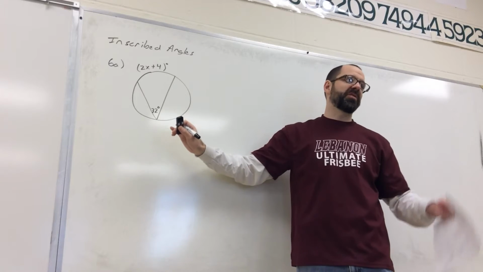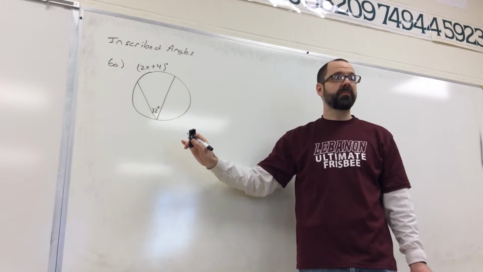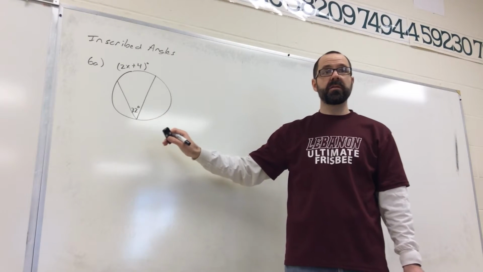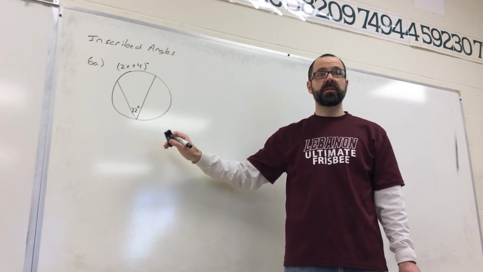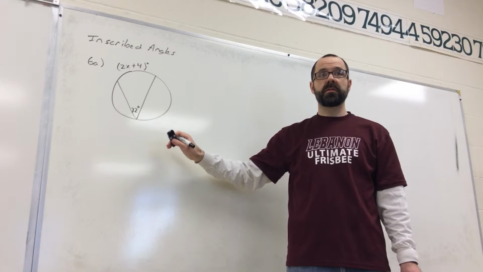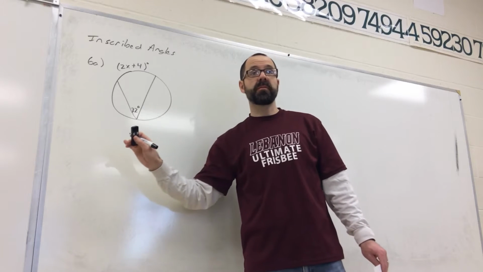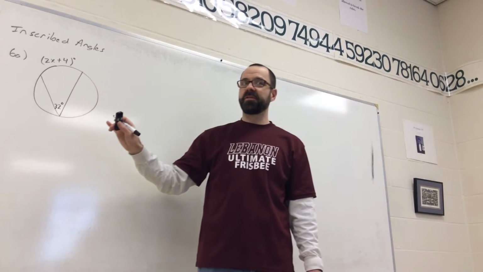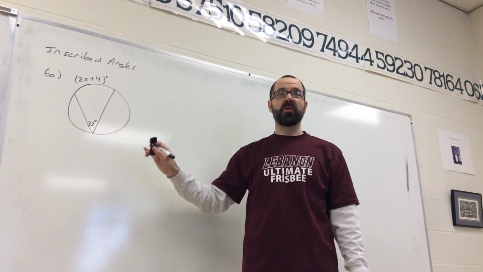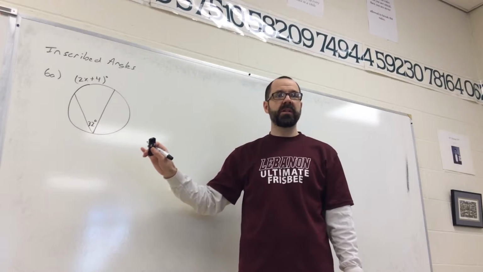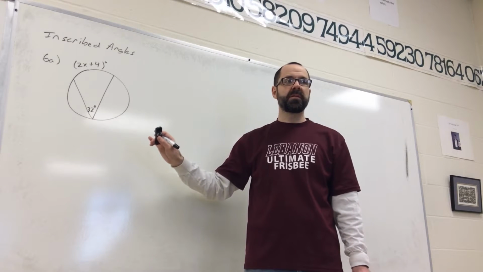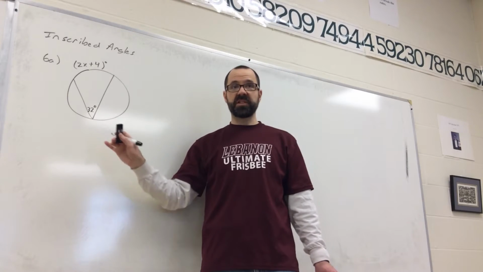So what equation could I write? Yeah, Taylor? 2x plus 4 equals what? You have the right idea, but you're going the wrong way. Yeah, Judah? 2x plus 4 equals 64.